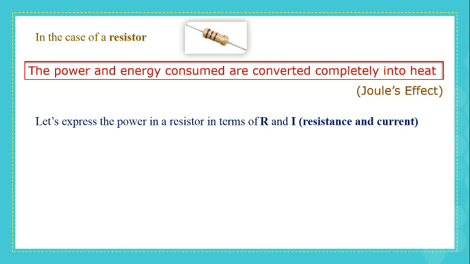Let's express the power in a resistor in terms of resistance R and current I. Starting with a rule, power equals UI. As we know, the voltage across a resistor is equal to RI.